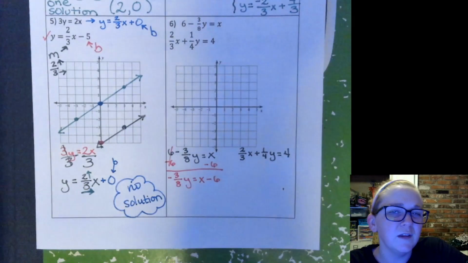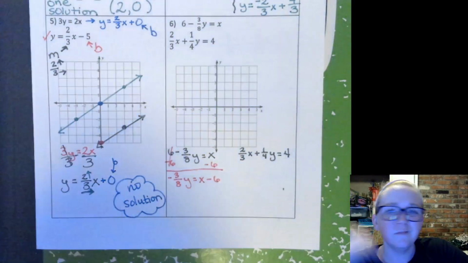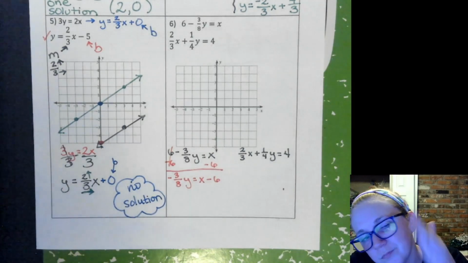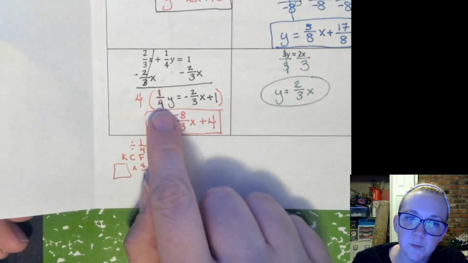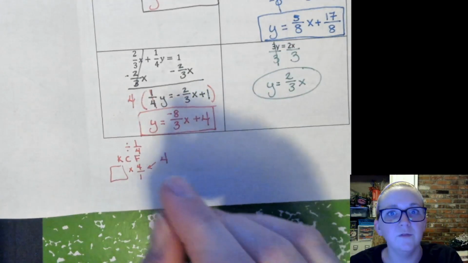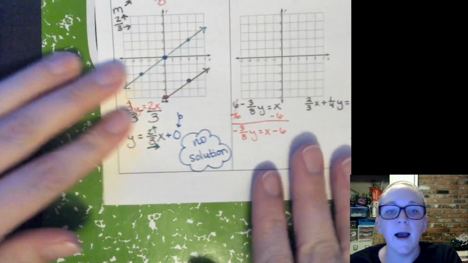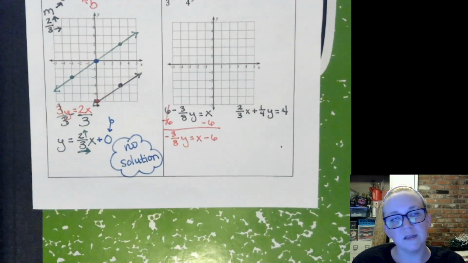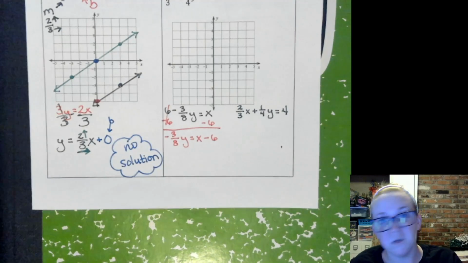Now, how many of you really want to do fractions? Not me. So again, kind of like what we did on the last one, remember we had a bottom number of 4, so we multiplied by 4 to make it not fractions? I'm going to do the same thing, because I don't want to divide by -3/8. That just does not sound fun.